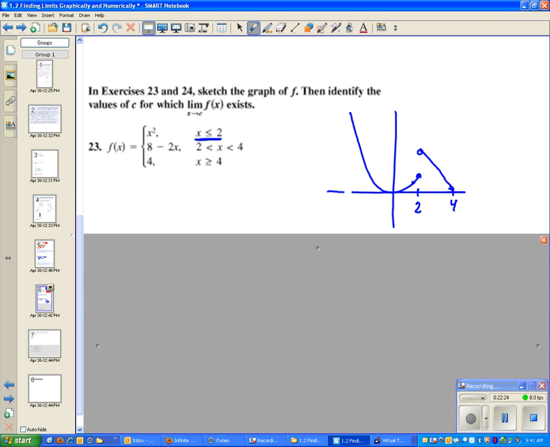Now, when I get down here on the linear part of the graph, do I need to put a closed circle at the bottom of that at x equals 4 or open circle? Is 4 in the domain of that little chunk of the graph? It's not, is it? Open circle. All right, and then we have a constant function for x equals 4 and bigger. So closed.